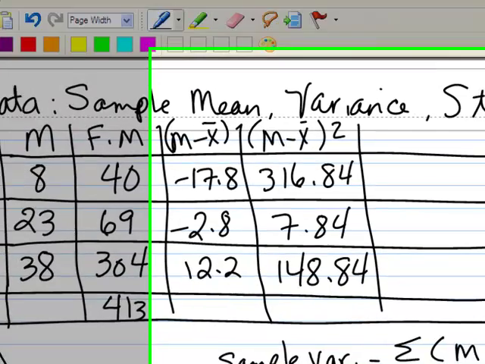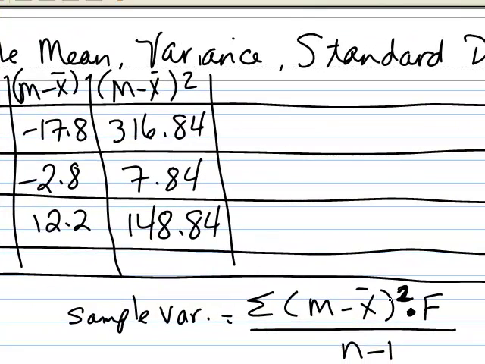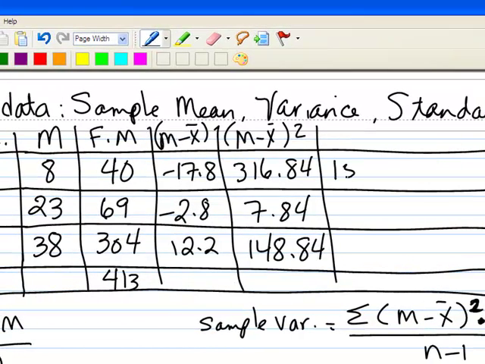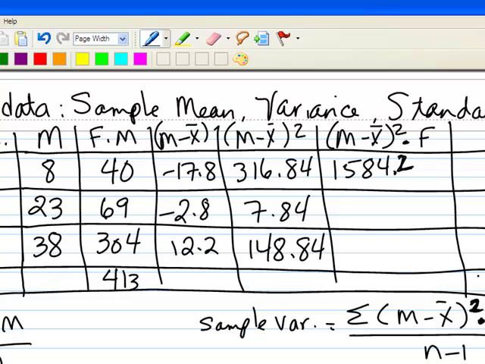The next thing in the formula says to take those squared differences and multiply them by the frequency. So the frequency of the first class is 5 multiplied by 316.84, which gives me 1584.2. This is the m minus x bar squared times f column that I'm generating.